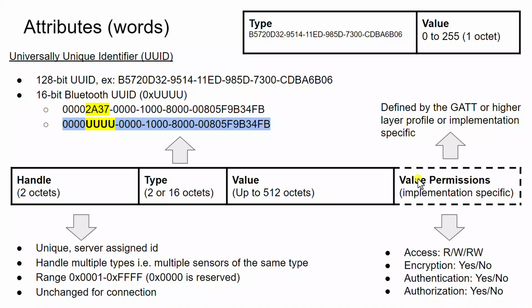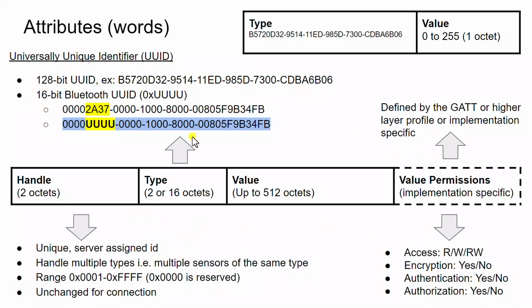But the permissions can have things as to whether this is readable or writable, whether encryption is used for the value, whether it requires authentication, so that you need to be able to provide some credentials to access this, or if you have been authenticated, whether you're even authorized for that particular authentication or user to actually access this.